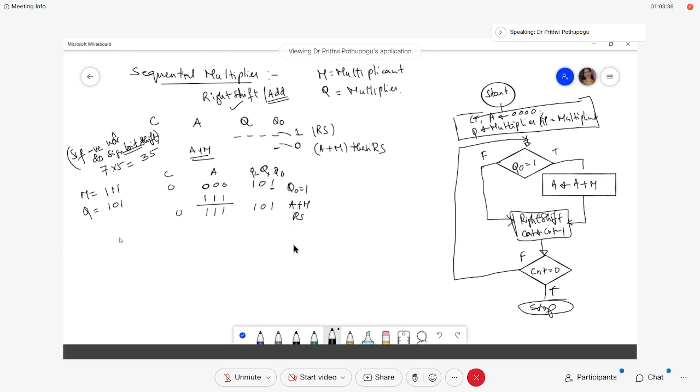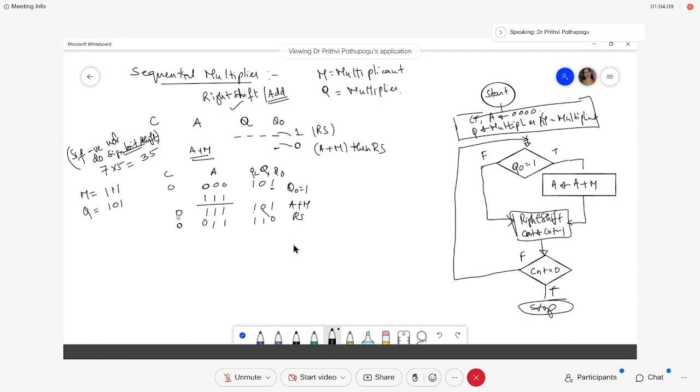The difference with negative values is that the sign bit will be extended. One more sign bit will be taken and extended. If this is 0, it will be 0. If this is 1, it will be 1. I think we have seen sign bit extension in the previous examples.